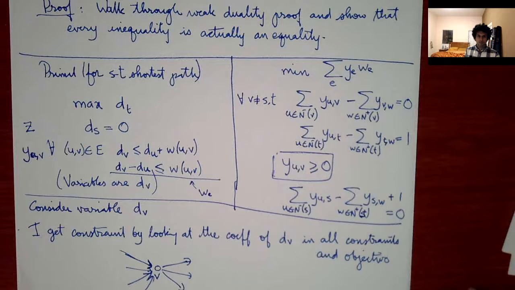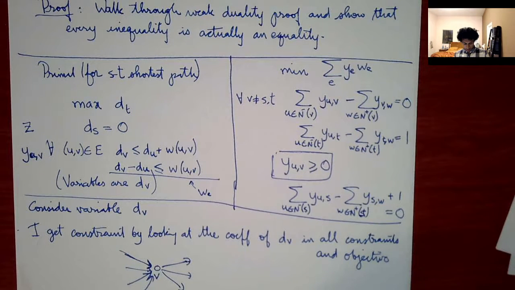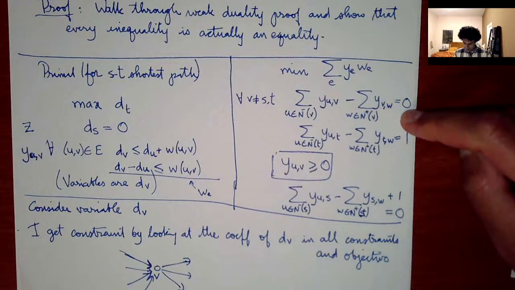What does that constraint look like over here? Flow conservation. It's flow conservation for everywhere other than S and T. What does that mean?